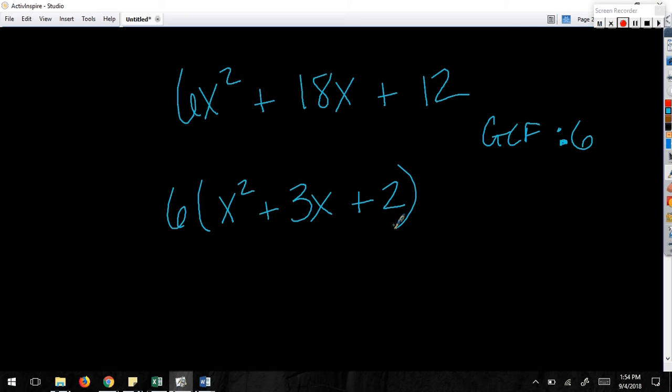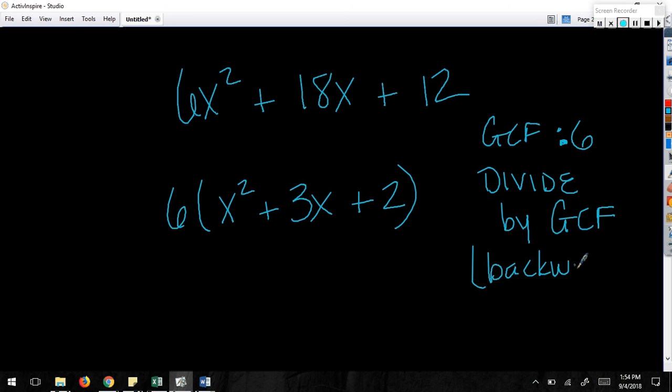Does that make sense? Oh, so you gotta divide. Instead of multiplying, we're dividing by the GCF. And I'm going to put you a note here. We're doing the backwards of distributing.